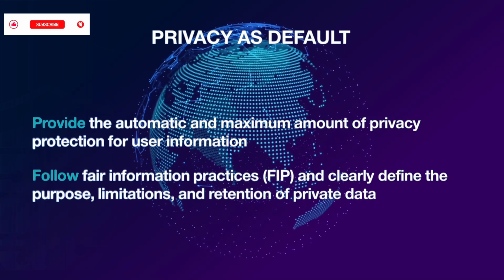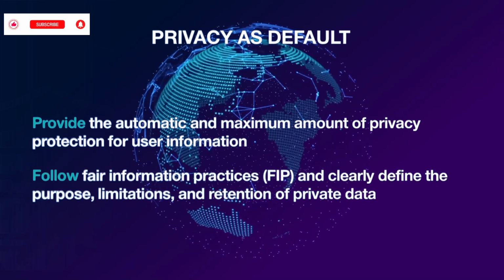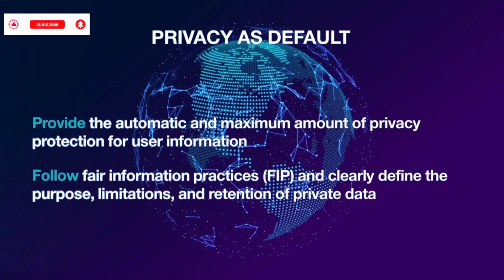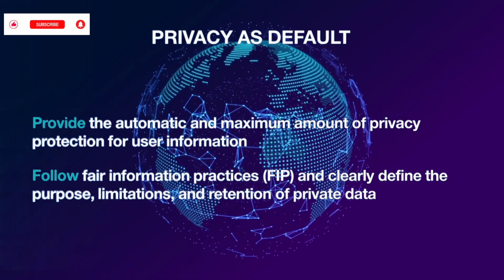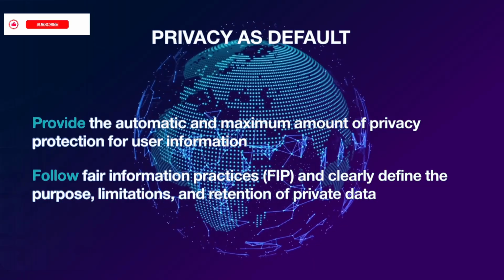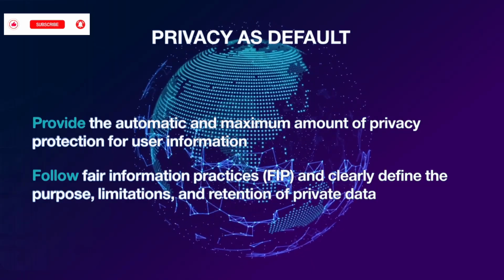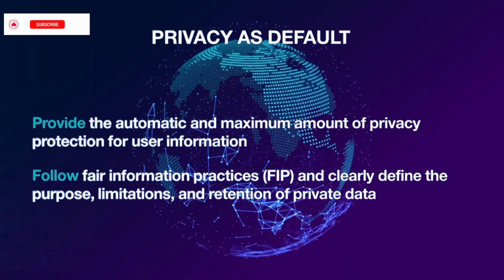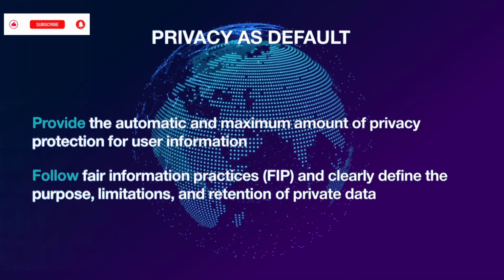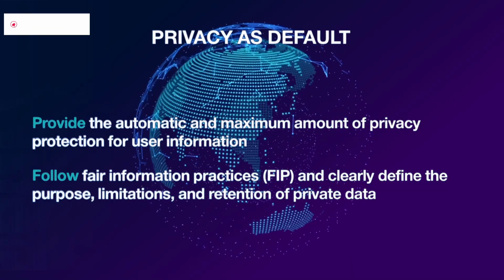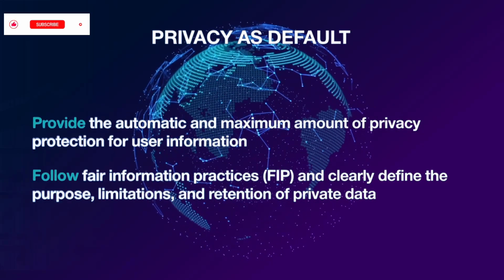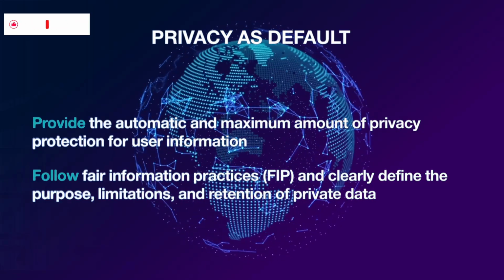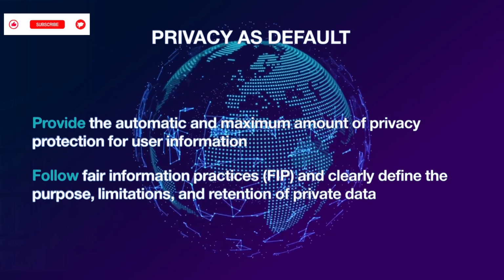Remember, we never want to keep data any longer than absolutely necessary. If there is a mandate by law or regulation, then we keep it that long. But we want to minimize the data, and as soon as we no longer need it, we need to destroy it properly. That way, we are not keeping PII or PHI, personal identifiable information or protected health information, on the system any longer than necessary.